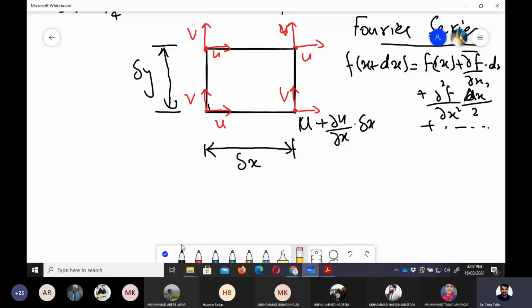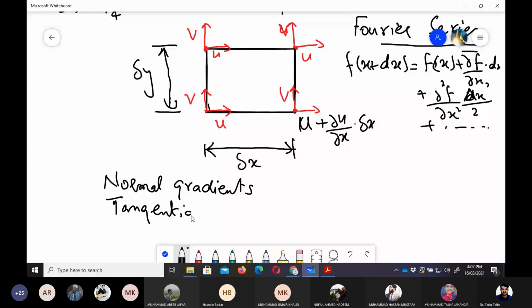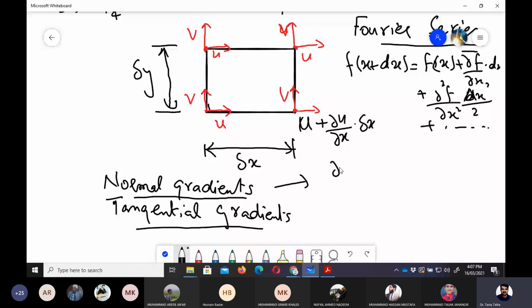One is normal gradients, and one is tangential gradients. नॉर्मल ग्रेडियंट्स कौन कौन से होते हैं जी? पार्शियल यू बाय पार्शियल एक्स, पार्शियल वी बाय पार्शियल वाई, यानी कि जिस डायरेक्शन में वेलोसिटी है उसी डायरेक्शन में अगर वो वेलोसिटी चेंज हो रही है तो that is normal velocity gradient, and partial w by partial z.